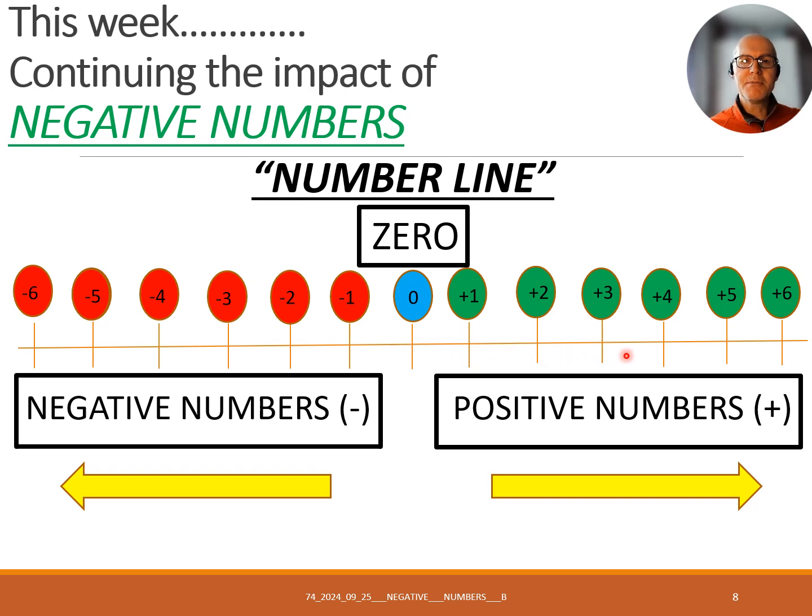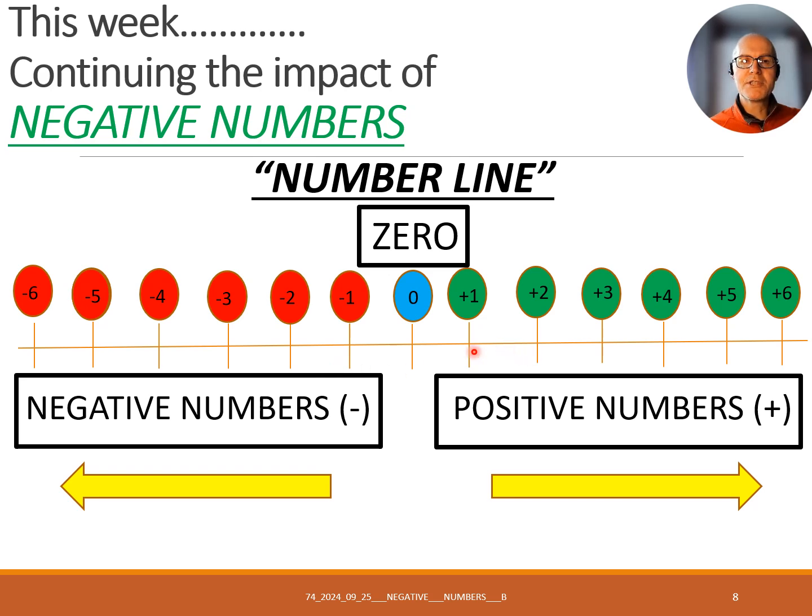These are the positive numbers. Positive numbers are to the right of the 0 on a number line. They go up in the same intervals, but on the left-hand side, they're going in negatives: -1, -2, -3, -4, -5, -6, and so on.